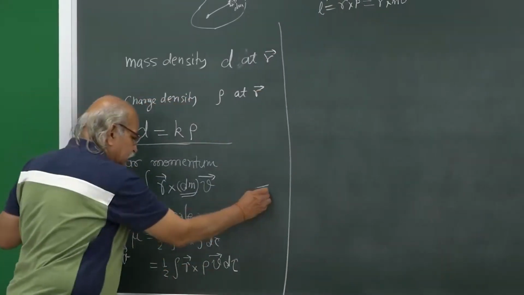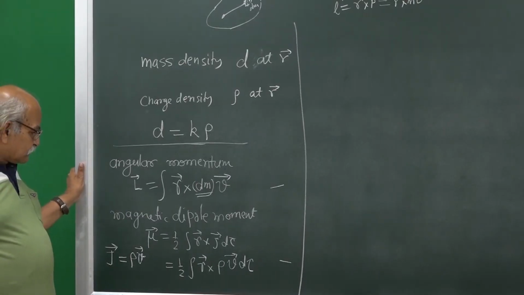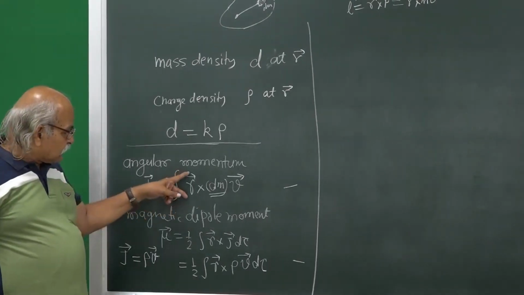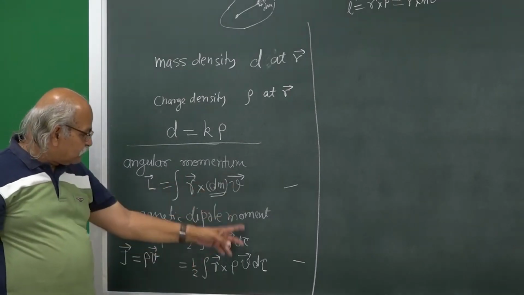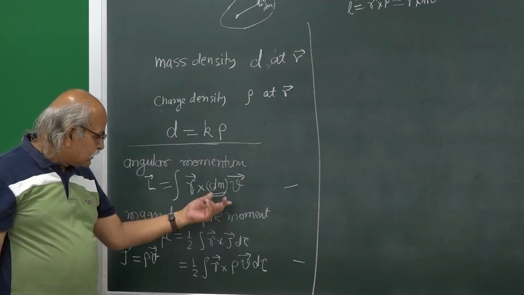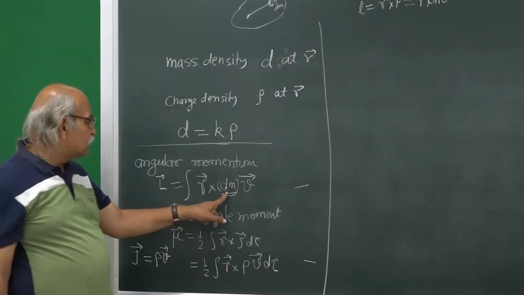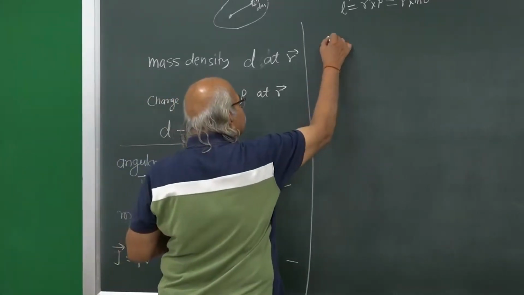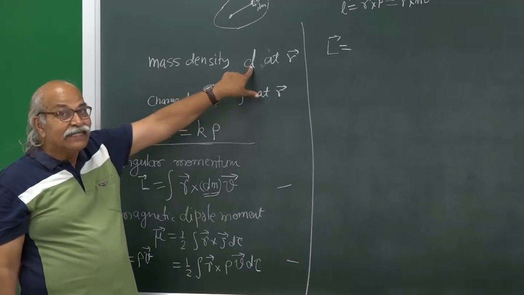Anything common with this and this? Anything common? Here it is r cross, half is there, then you have v, here you have dm, here you have rho times d tau. This dm also you can write, because we said mass density is d.